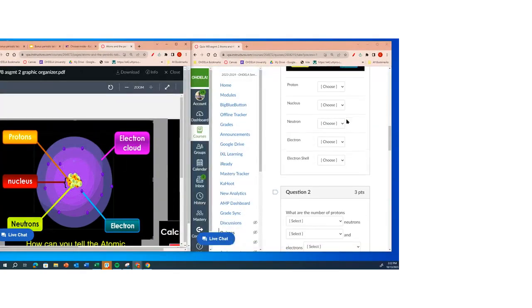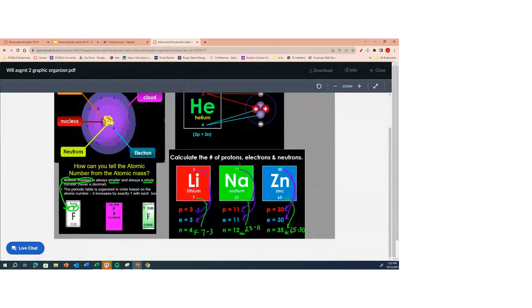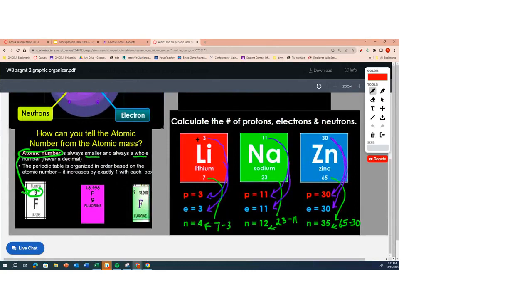Okay, so question number 1. First of all, what I want you to do is round this to 59. And I'll show you the notes here. So remember, the 3 on the top tells us how many protons and how many electrons.